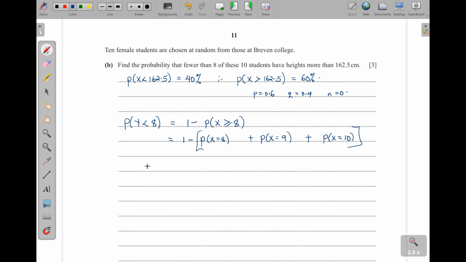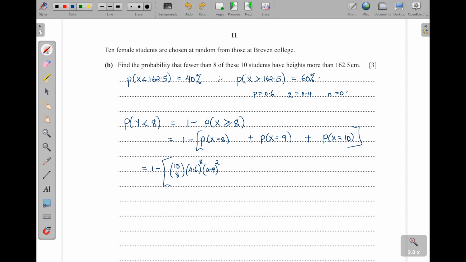Okay, like that. Now, that means here we are going to have 1 minus. Now this will be 10, then combination 8. Then our p is 0.6, which is appearing 8 times. And then our q is 0.4, which is appearing 2 times. Remember, when you add these two powers, you get the n here, which is 10. Okay?